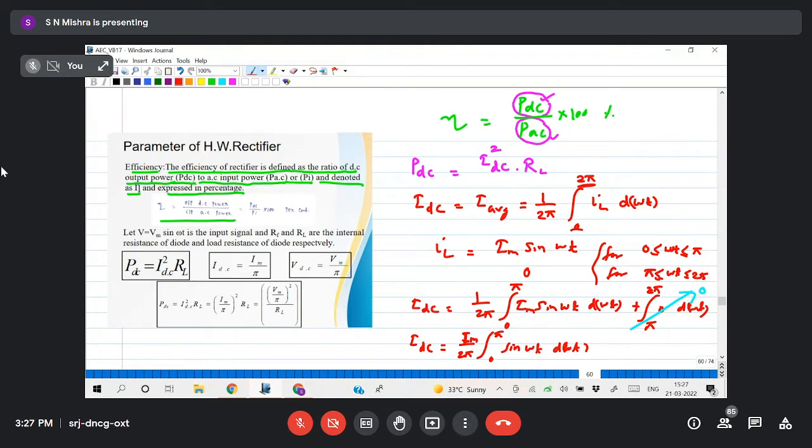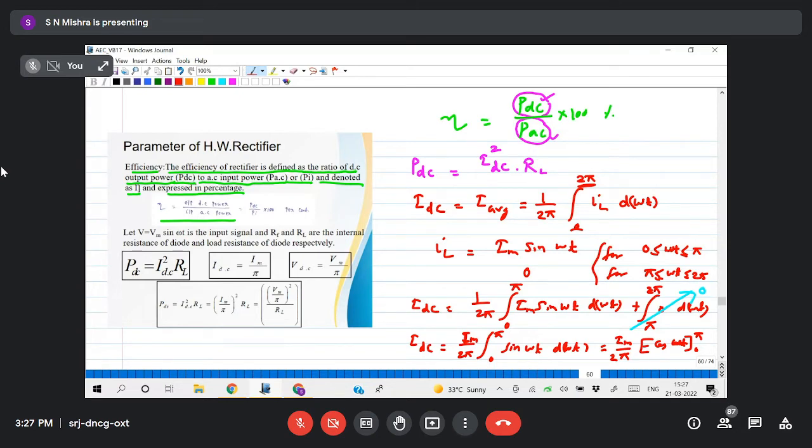Minus cos theta. Then put the limit. Im by 2 pi, minus cos omega t from 0 to pi. If you put the limit, it will be 1 minus of minus 1, so it will be plus 2.